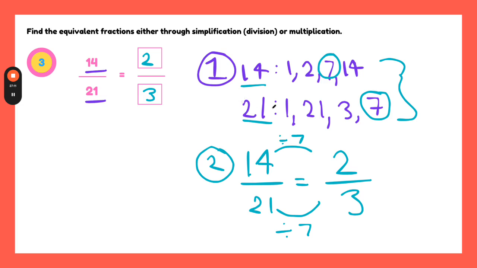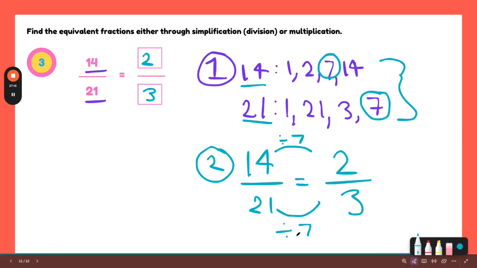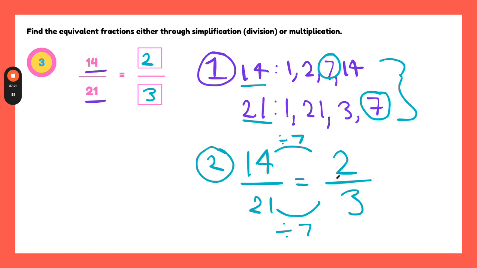So we do 14 divided by 7 and 21 divided by 7, which gives us 2/3. So we can say that 14 over 21 in its simplest form is 2/3, and 2/3 is equivalent to 14 over 21. Both statements are valid, or are correct. So that is how we would work out an example like this.